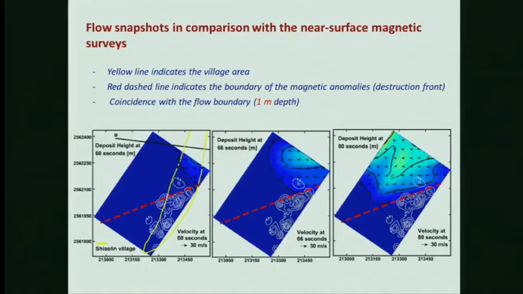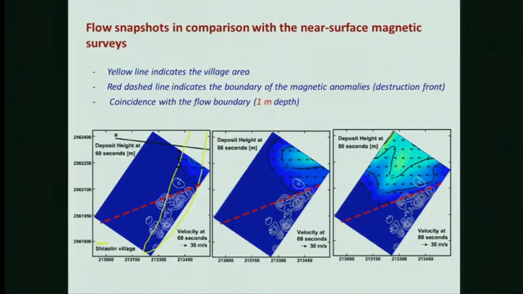We also have some field measurements to support our simulation. We performed a near-surface magnetic survey with our colleague. We found that in the northern part, you cannot find magnetic signals.